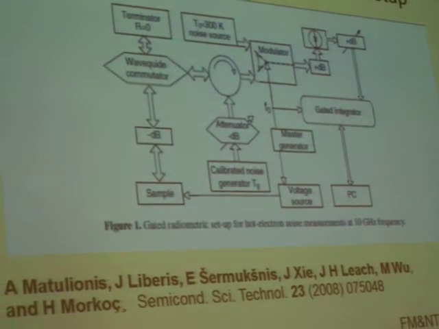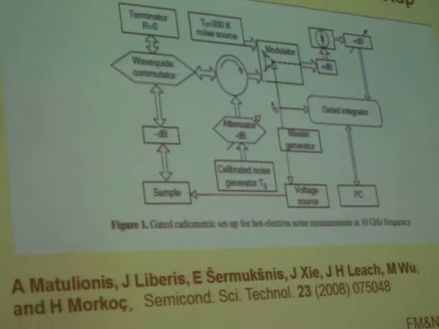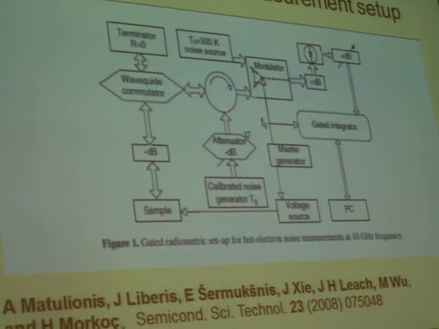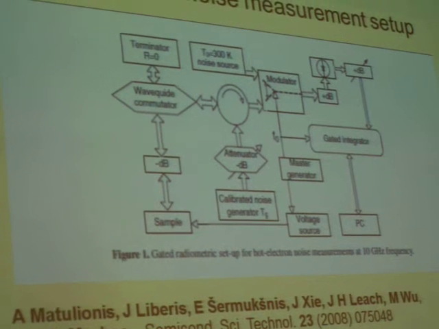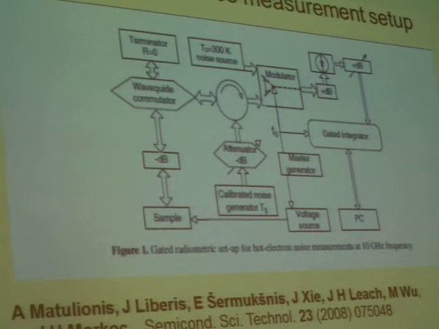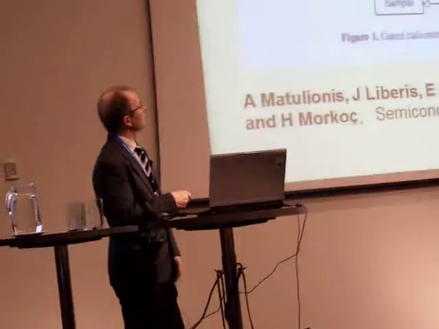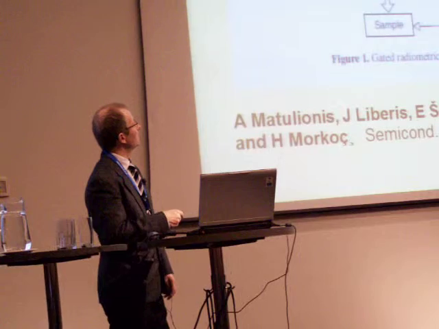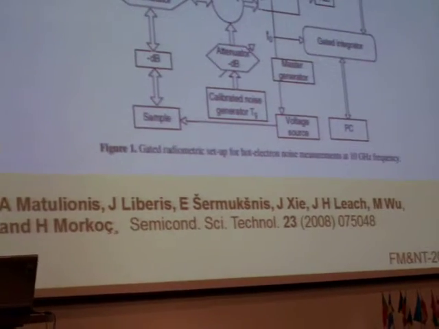The system noise and background noise is subtracted, and a wave modulator alternatively connects either the sample or the noise source kept at room temperature. The background signal is subtracted in the integrator. The impedance mismatch is also taken into account.